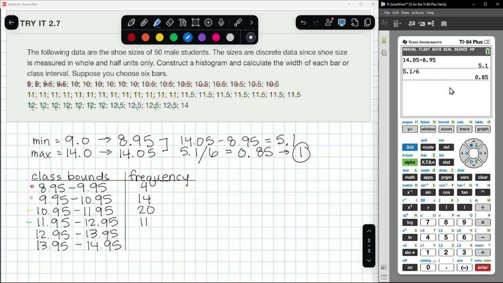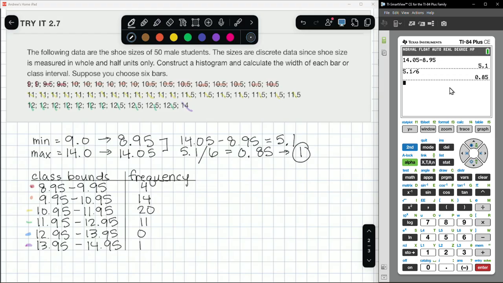My next is going to be the 13 and 13 and a halves, and I don't see any. And then my last is going to be the 14s and 14 and a halves, and I only see one, which is my 14.